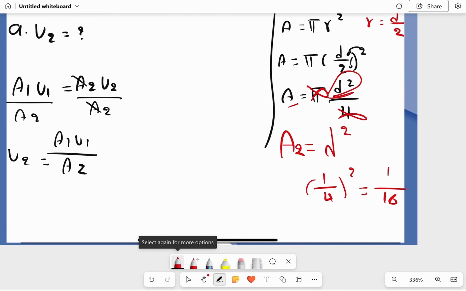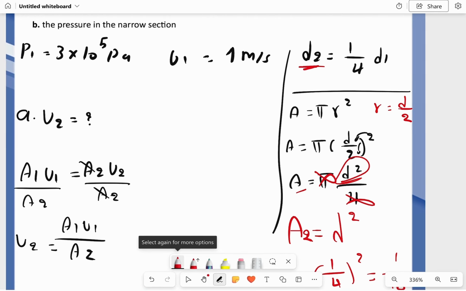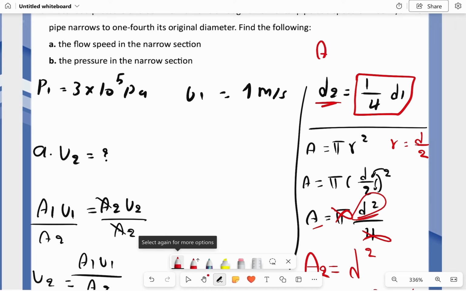So area is proportional to the square of diameter. Here diameter 2 is equal to 1/4 of diameter 1, so area 2 will be 1/16 of area 1.